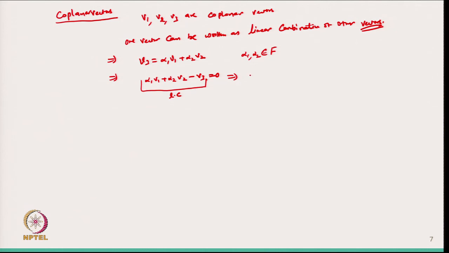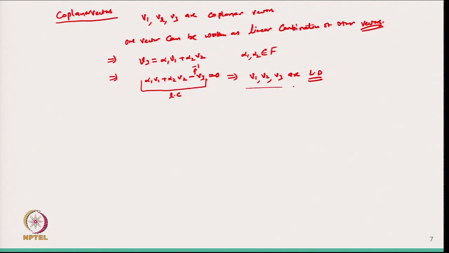So, from here I can say that V1, V2, V3 are linearly dependent, because I can choose any value of alpha 1, alpha 2, it can be 0, 0 also, but in this case it is always minus 1.